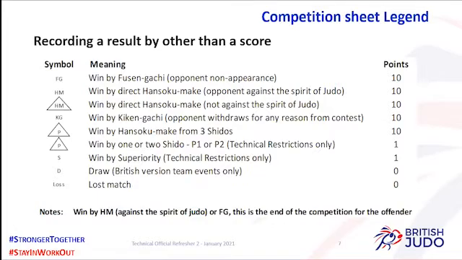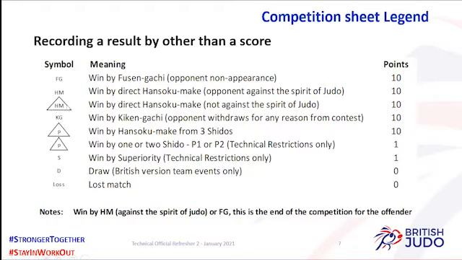So it's quite a serious thing not to turn up for your match, or it's a very serious thing to commit an Ansukamaki offence against the spirit of judo, because that means you've been either highly dangerous or highly derogatory to somebody.